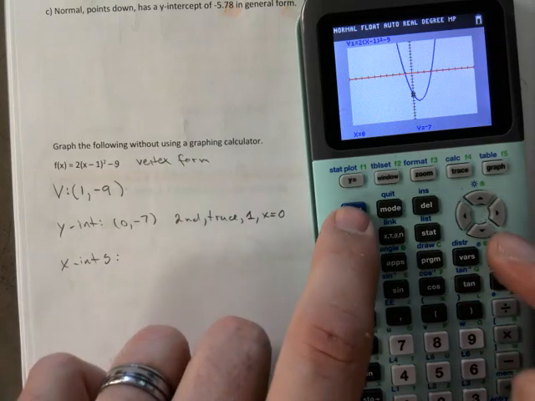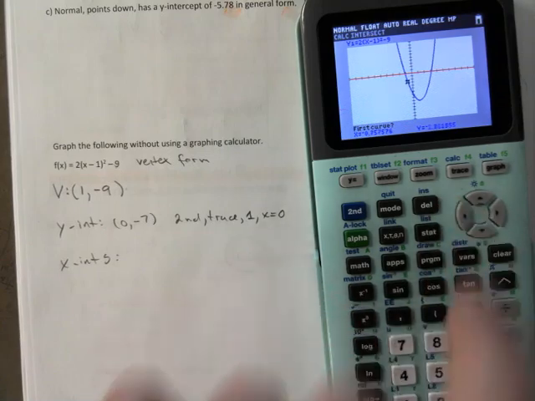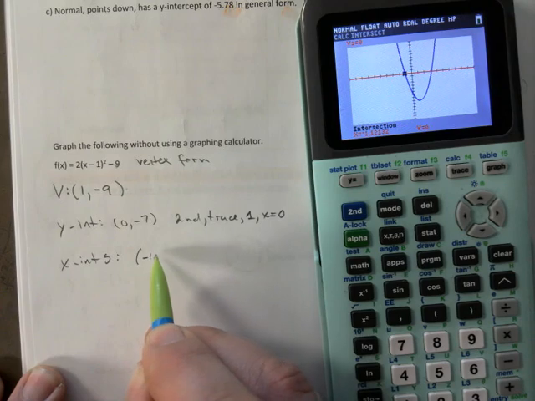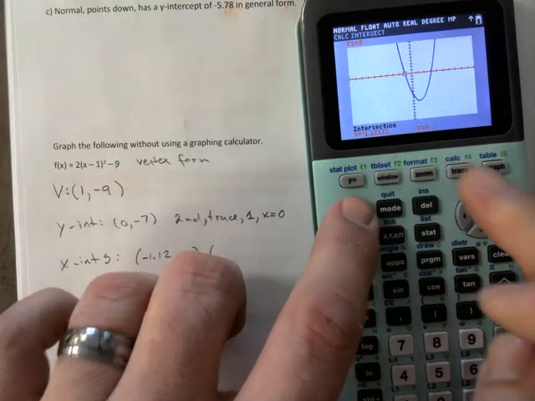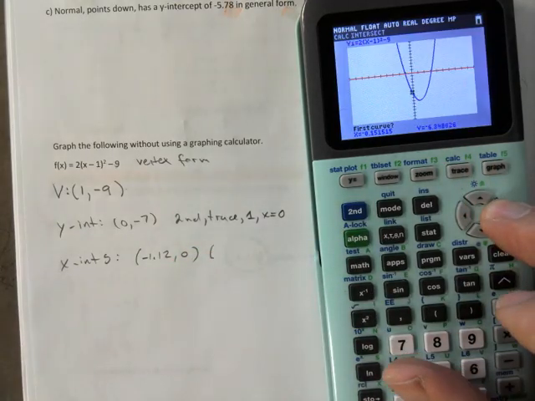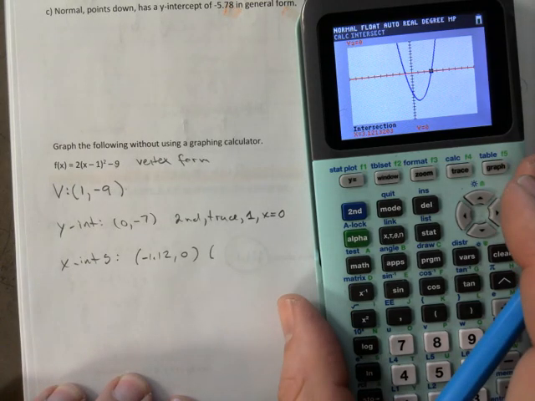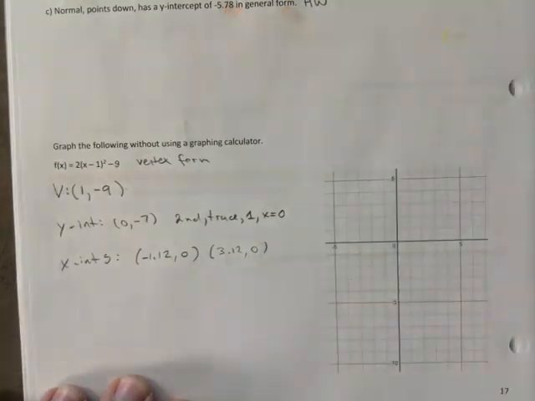So I'm going to find the x-intercepts. Second trace 5. I'm going to find that one. That is -1.120. Do it one more time. Second trace 5. Travel over to the other side. Enter, enter, enter. That is 3.120.